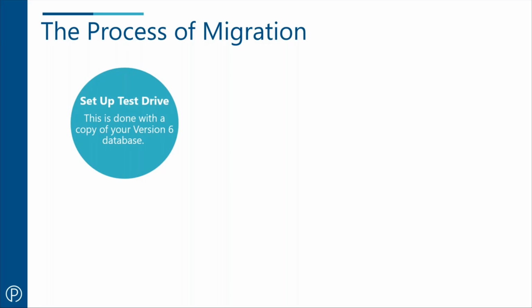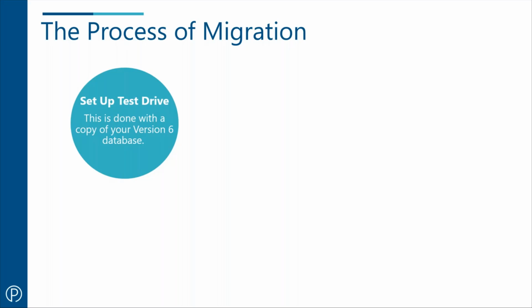Initially, when you want to start looking at a migration, the first step is that we get onto your server, take a copy of your current version 6 database as it is at that moment in time, and run that through the migration process. You can continue to use your version 6 database day to day as normal.